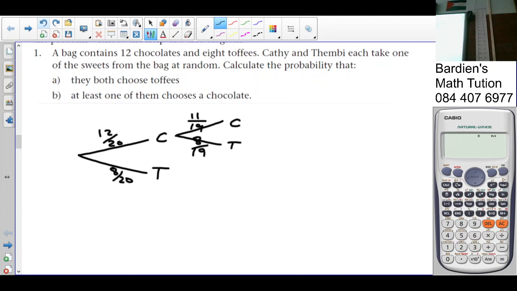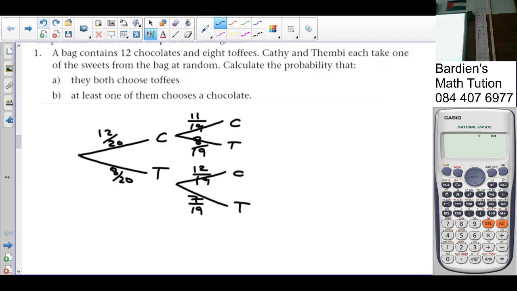What if Kathy draws a toffee sweet in the first draw? Then what is Thembi's probability? 7 out of 19 for the toffees, yes. And for the chocolate? 12 out of 19. Is there any confusion here?